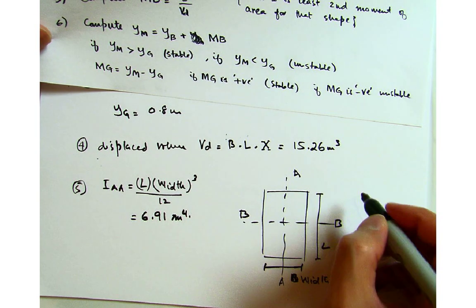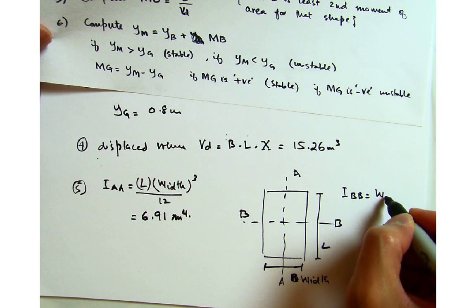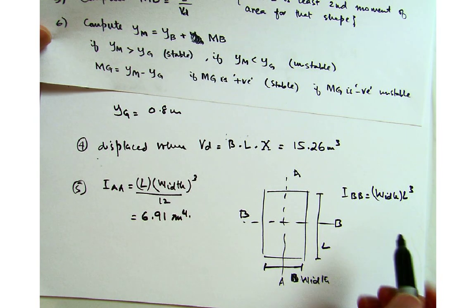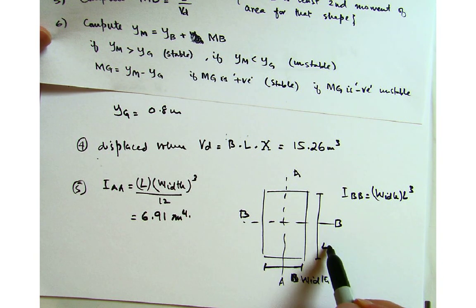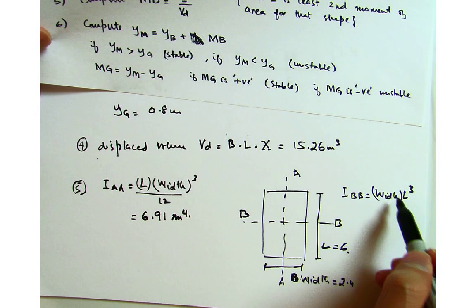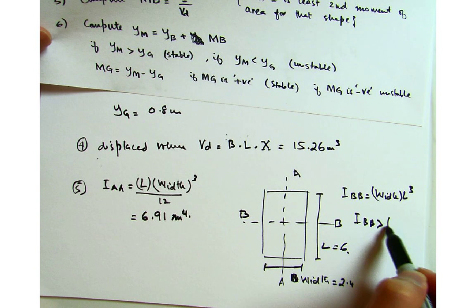If I want to find IBB, in that case it will be width times length to the power 3, and you will notice that length is much bigger because length is 6 and this width is 2.4. So if I make the cube of this and then multiply it by the width, IBB is greater than IAA.